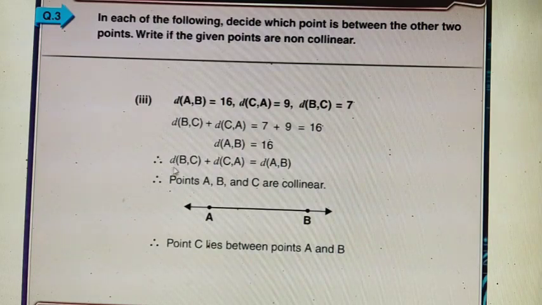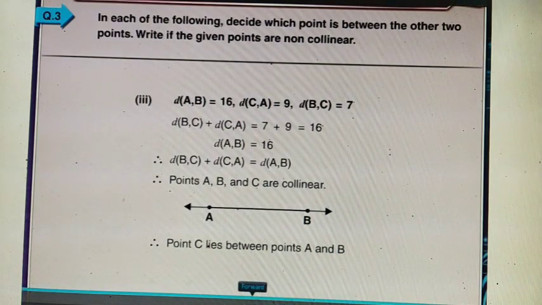Therefore I can say distance BC plus distance CA is equal to distance AB, because both are 16. Therefore points A, B, C are collinear and the endpoints are A and B. Therefore C lies between the points A and B.